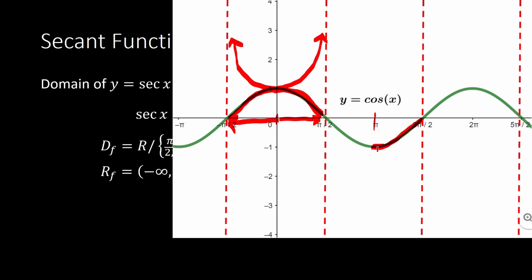But the secant function is the reciprocal, so it will go to a floor that is even below the basement. Who knows, maybe there's another floor below the basement. And so our second function will go down. It will go towards negative infinity. And the same thing happens here. When cosine climbs up, secant climbs down.